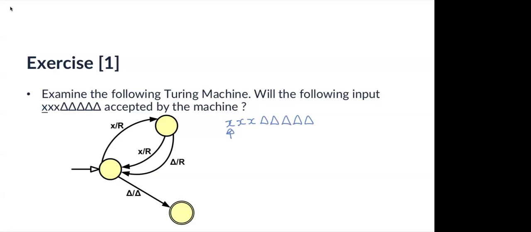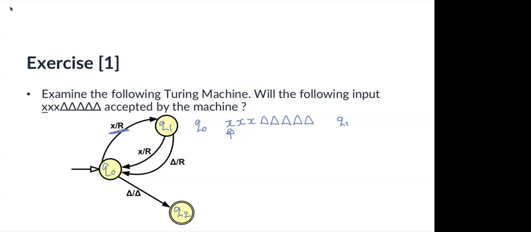So here we are in Q0. For example, we name the states Q0, Q1, and Q2. We are in Q0, and the input tape is still the same. Next, because we read X, we will go to Q1 with this transition.